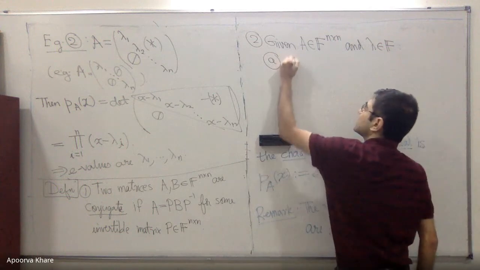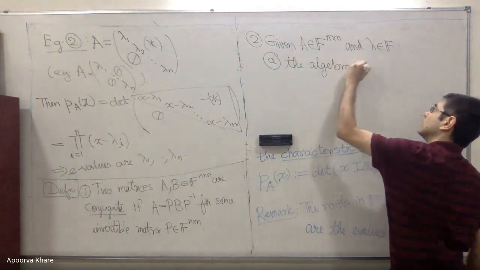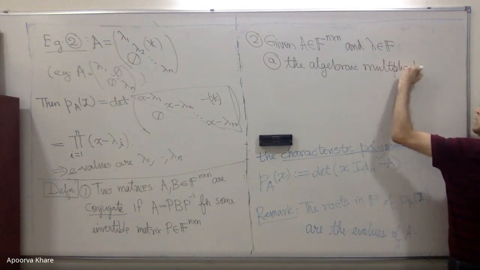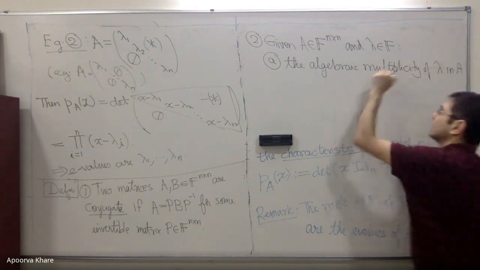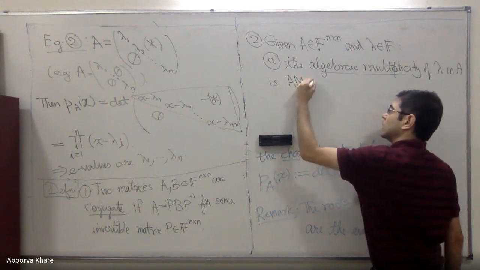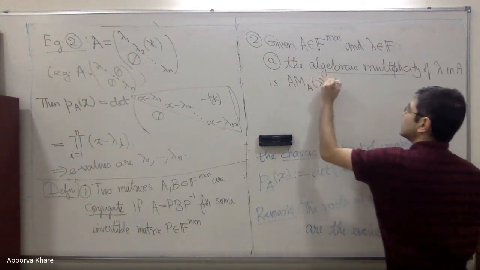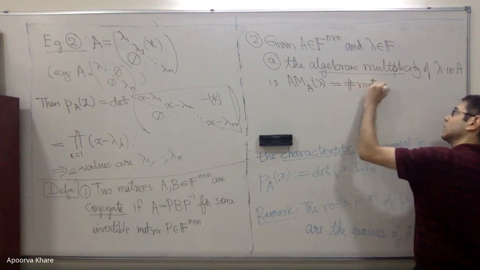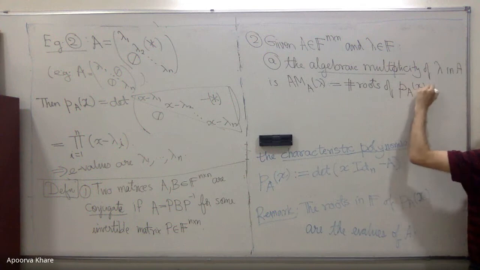The algebraic multiplicity of lambda, let's say in A, I'll call it AM_A of lambda. And sometimes I'll just skip the A, is defined to be the number of roots of P_A of X that equal lambda.